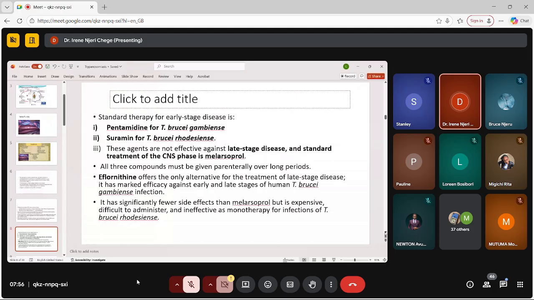So you can use it for early and late-stage disease in T. gambiense, that's the West African type. But not for T. rhodesiense, the East African type. It is highly expensive and difficult to administer. It is ineffective as a monotherapy in the treatment of T. b. rhodesiense, which is our East African type.